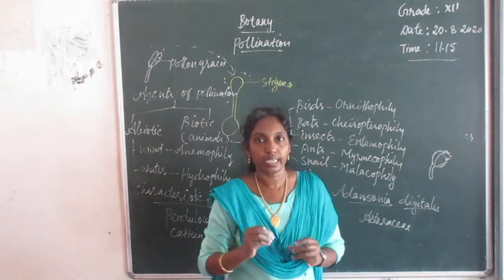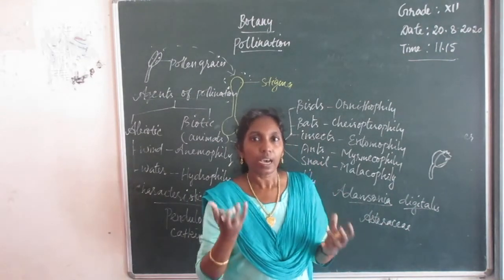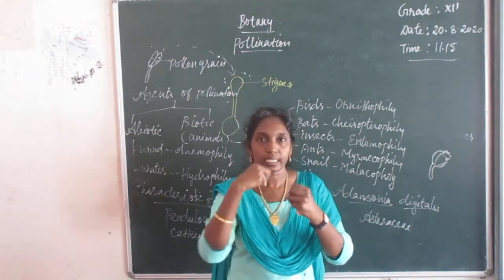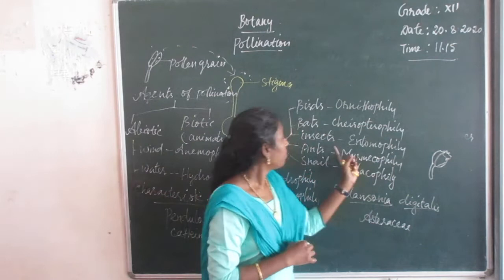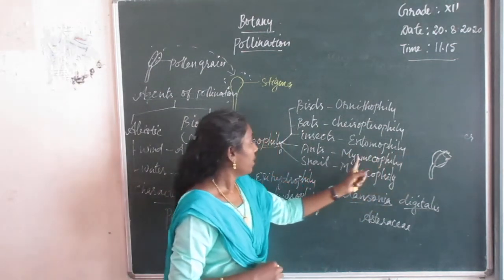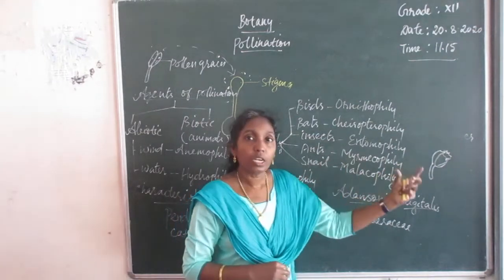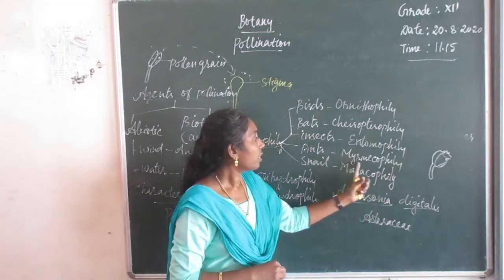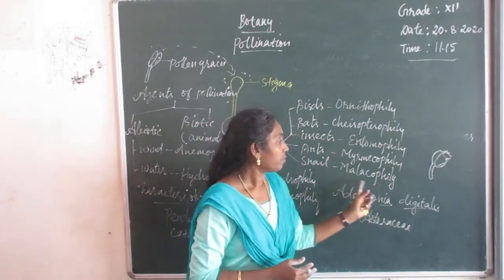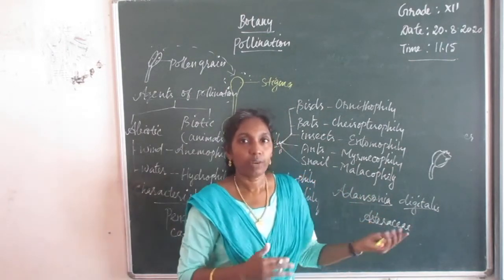Sometimes some flowers produce nectary cells secreting honey, so the proboscis of the insects pierces and sucks the nectar from these plants. That is the adaptation found in entomophily. Then ants pollinating flowers are called myrmecophily. And snails pollinate aquatic plants.